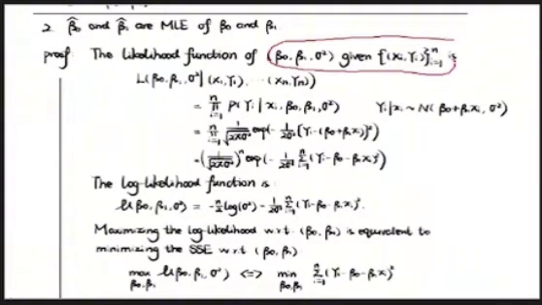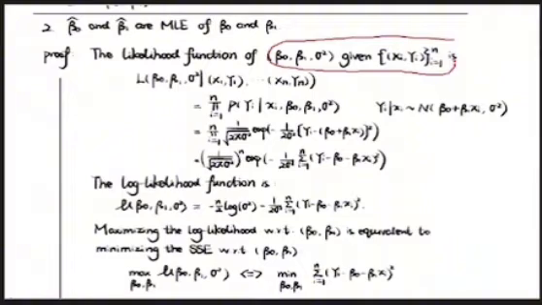Now, you're going to take a look at this now. Please, I need you to pay attention. I want to talk about the normal distribution. Normal distribution is f of y equals 1 over square root of 2 pi sigma squared, exponential of minus y minus mu all squared over 2 sigma squared. Now, what is mu?